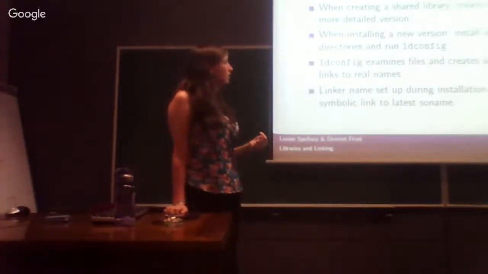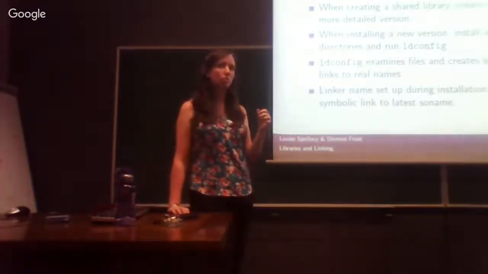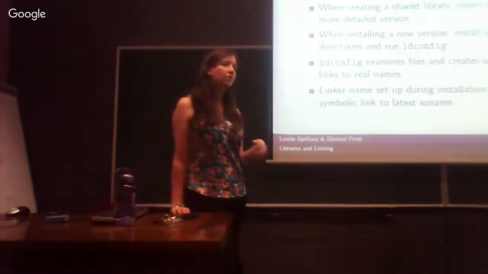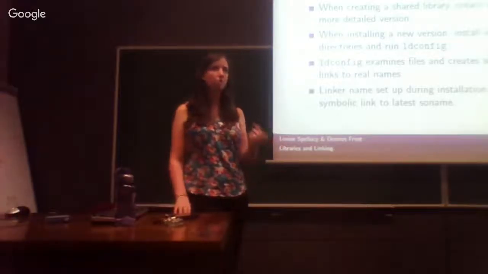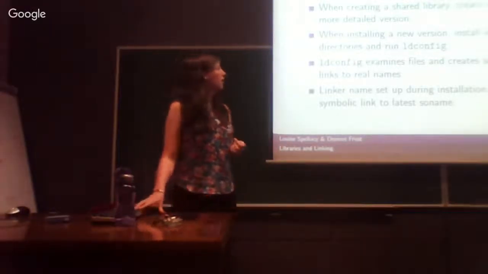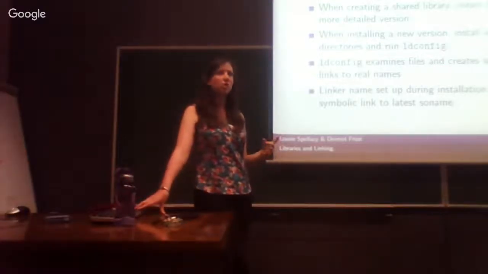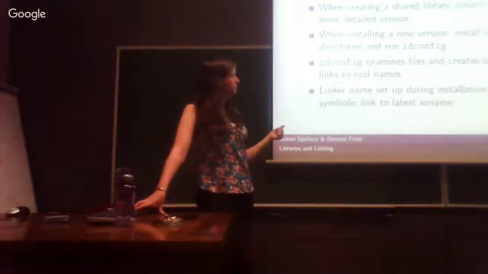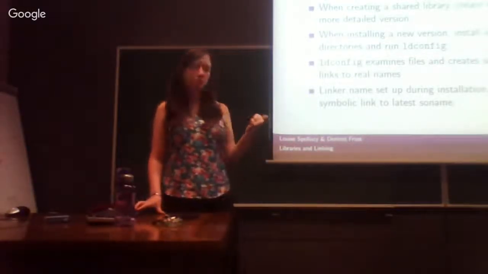And when you're installing a new version, you can install it in one of the special directories, such as lib, but you're going to most likely be storing it in user local lib. And then you can call ldconfig, and it will make a symbolic link to the most recent version of your library, while maintaining the past version of the library if you need to use it. If you're not storing it in one of those, the linker name is set up during installation.